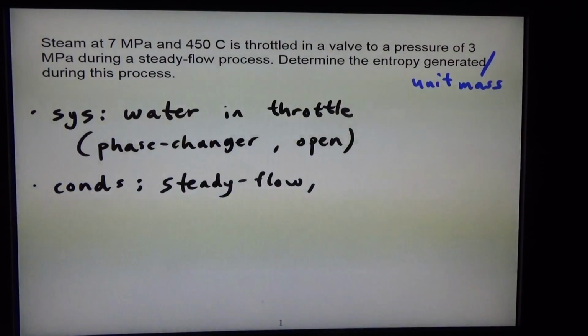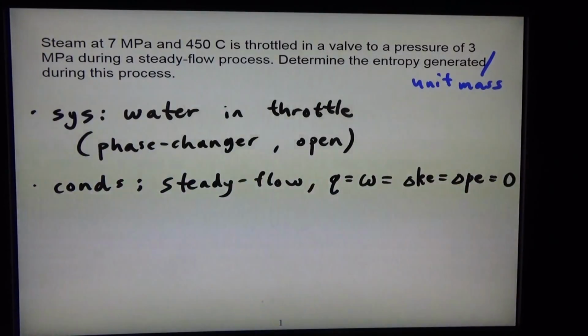Also, we need to apply the throttle conditions. If you look back at your notes, the throttle conditions are: the throttle is adiabatic, there's no work production or consumption. We can neglect kinetic and potential energy change as well.